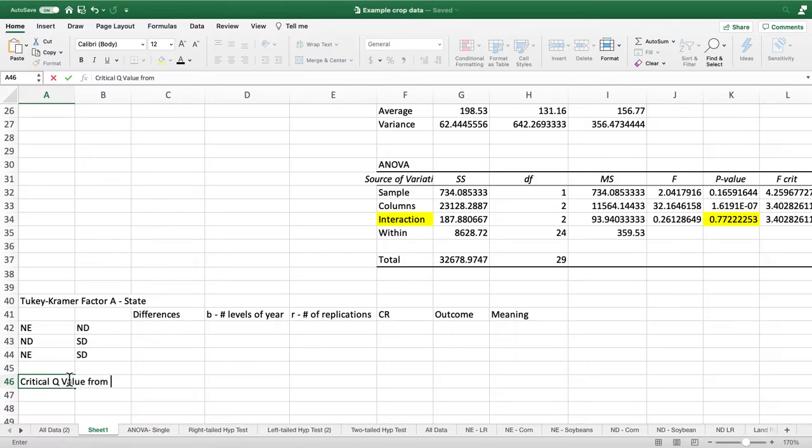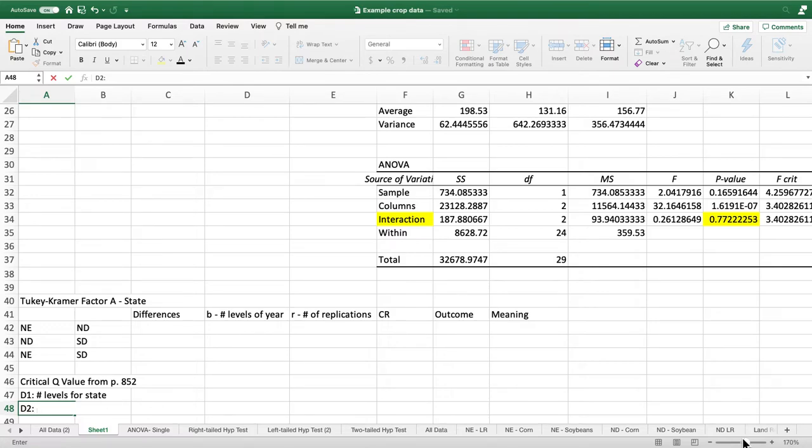This is again from page 852. We need to find our D1 number, which is the number of levels for factor A, or for state. D2 is a little more complicated.